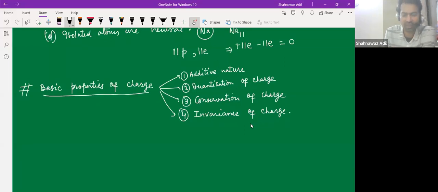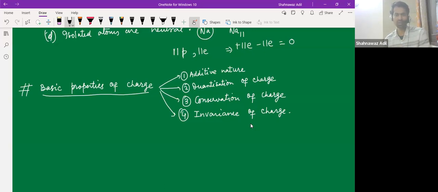Invariance is that charge doesn't depend upon the frame of reference in which you are measuring. If you are measuring the velocities of different objects, you will see different velocities in different frames of reference. Let's say you are moving in a train, and some person is outside the train, so he will see that you are moving. But for the other person inside the train, you will be stationary. So if we change the reference frame, the velocity will change.